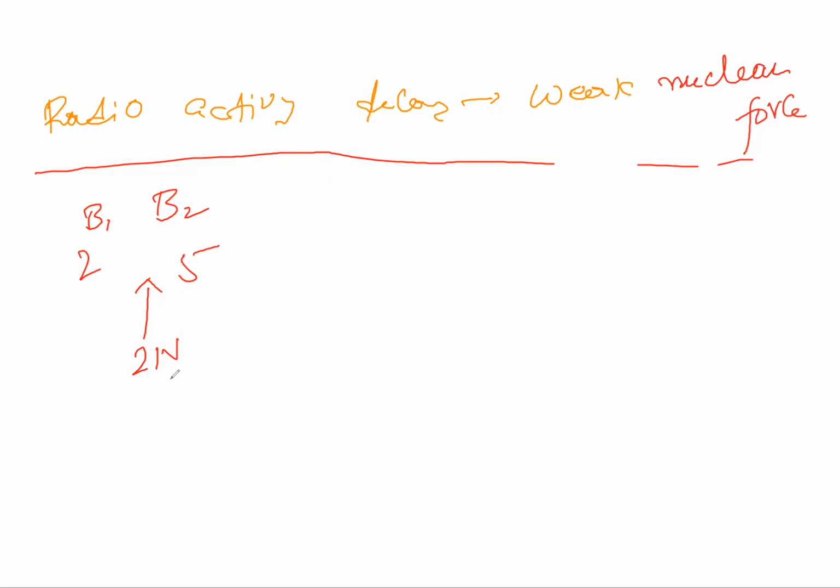When the distance between their centers is doubled, if the distance between these two balls is doubled, what will be the force of attraction? So still now it is 2 newtons.